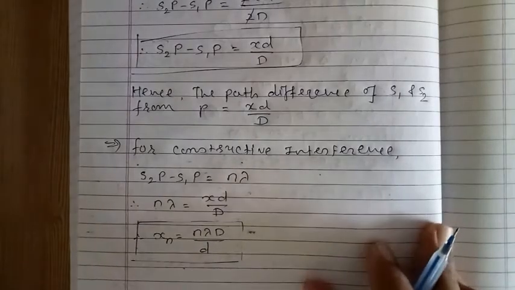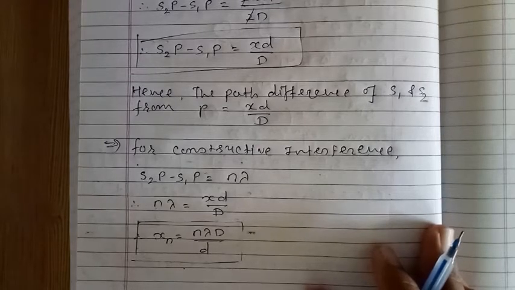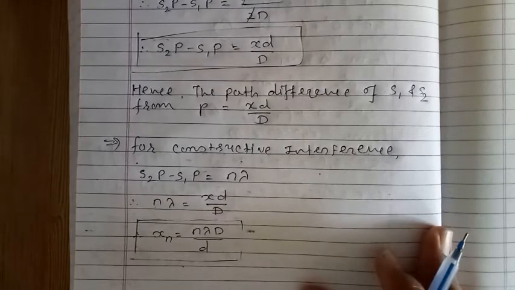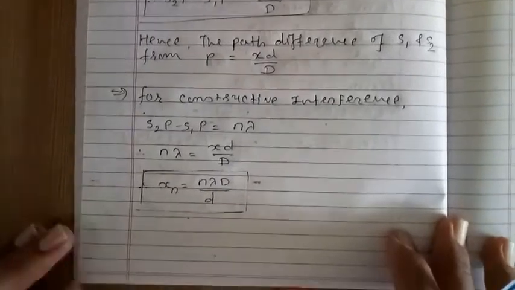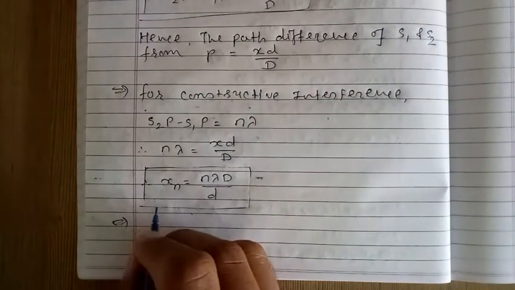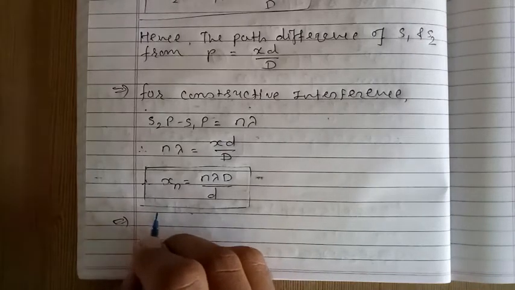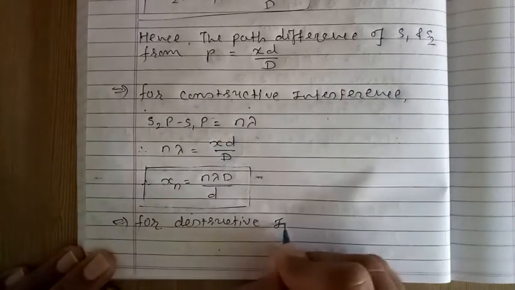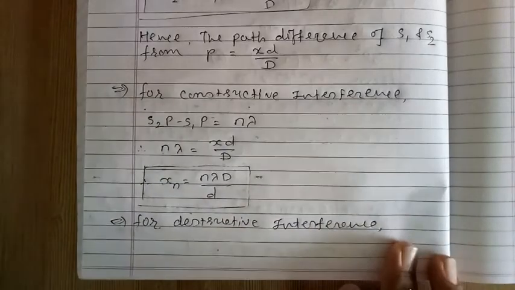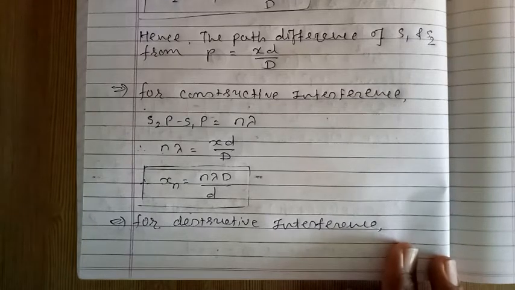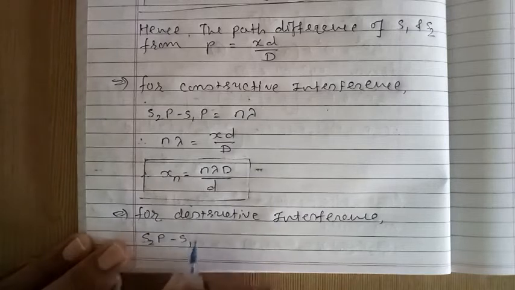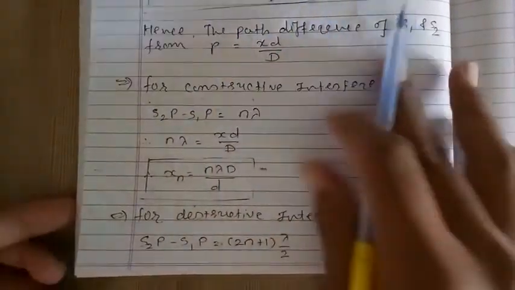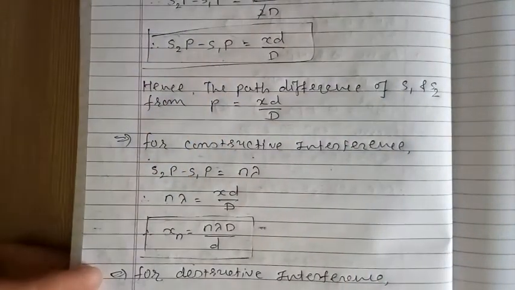Now for destructive interference, we know that the path difference is (2n plus 1) into lambda by 2, and again we prove the formula. So for destructive interference, S2P minus S1P is equal to (2n plus 1) into lambda by 2.